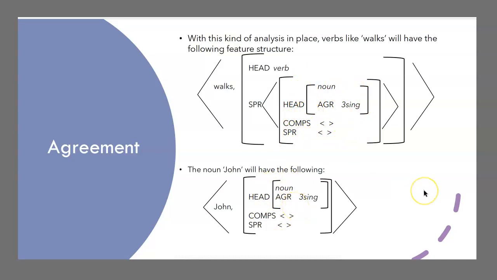Okay, the one outside is John? Yes. This specifier value here is empty because for John you don't need any specifier, and you don't need any complements for John. So this is actually this one. Okay, so that is a specifier and complement for John, which is a specifier for walks. That's right. Okay, sir. Thank you, sir.